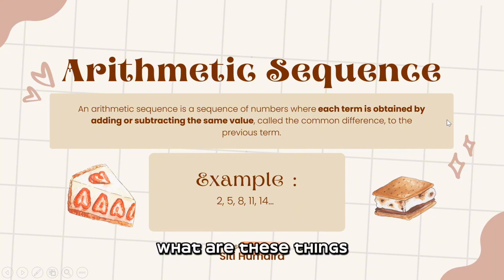What are these things anyway? Alright, so an arithmetic sequence is a sequence of numbers where each term is obtained by adding or subtracting the same value, called the common difference, to the previous term. So, in a simple way, arithmetic sequence is the sequence where we add the same number each time.